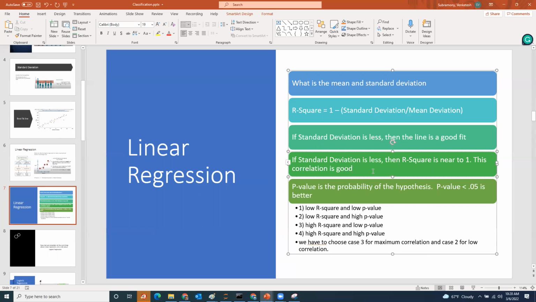If the standard deviation is less, the r squared is near 1, and this means more correlation. A p-value is a probability and hypothesis. We will go through an example to see how to find it. The p-value, the probability, should be less than or equal to 0.05. In this case, the second has a low r squared and a high p-value. I'm going to explain this in more detail in the lab.